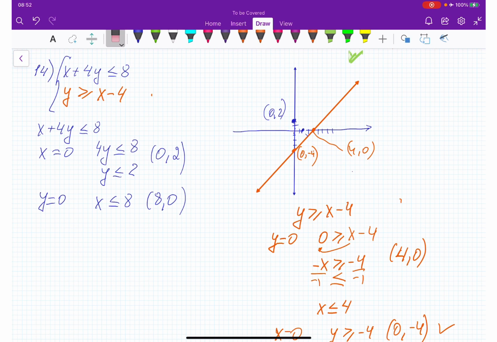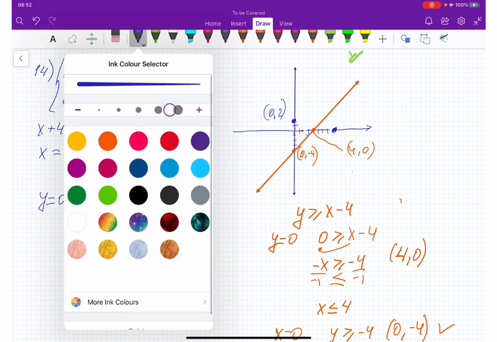Okay. So 8 is going to be right here. Remember, I counted 8 right here. So the graph is going to go, let me get it thicker.